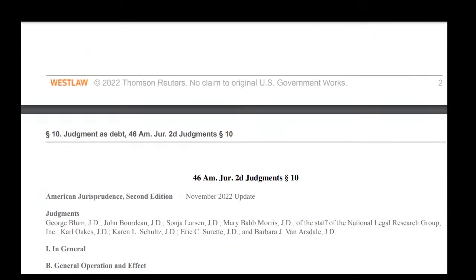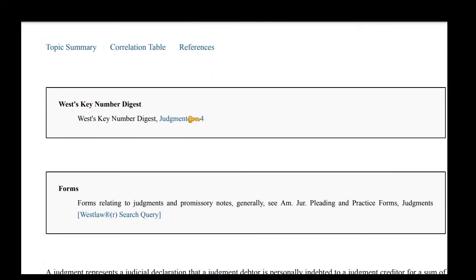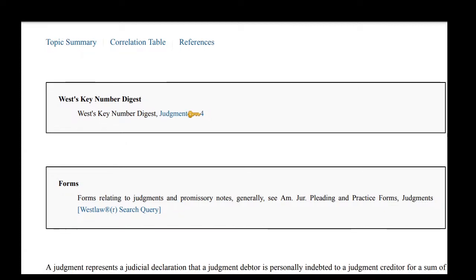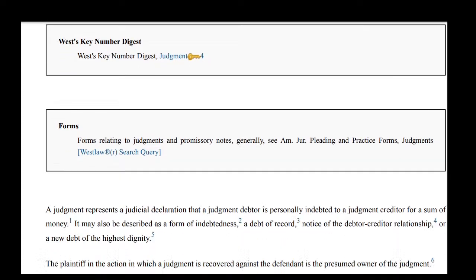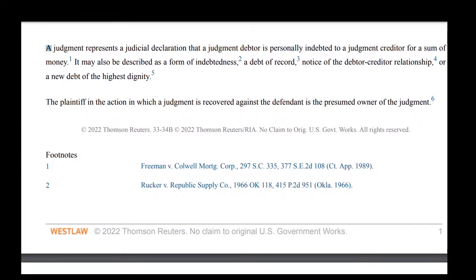All right, now we're on to section 10, judgment as debt. Now we're getting into some really nuanced stuff here. A lot of you probably didn't realize, and now you're going to learn something very important. A judgment represents a judicial declaration that a judgment debtor is personally indebted to a judgment creditor for a sum of money.